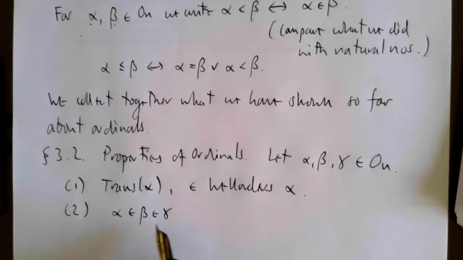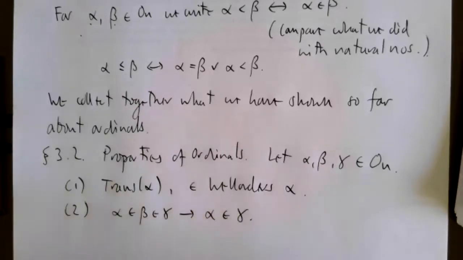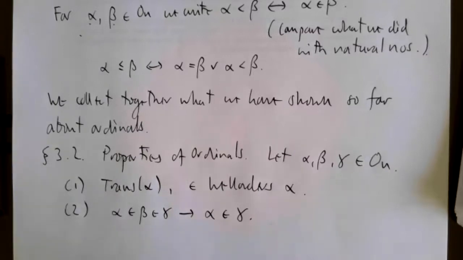If alpha is a member of beta is a member of gamma, then alpha is a member of gamma. That's just saying gamma is transitive. Right? But in terms of the less than, we've just defined if alpha is less than beta, beta is less than gamma, alpha is less than gamma. So it shows that the less than ordering is transitive.